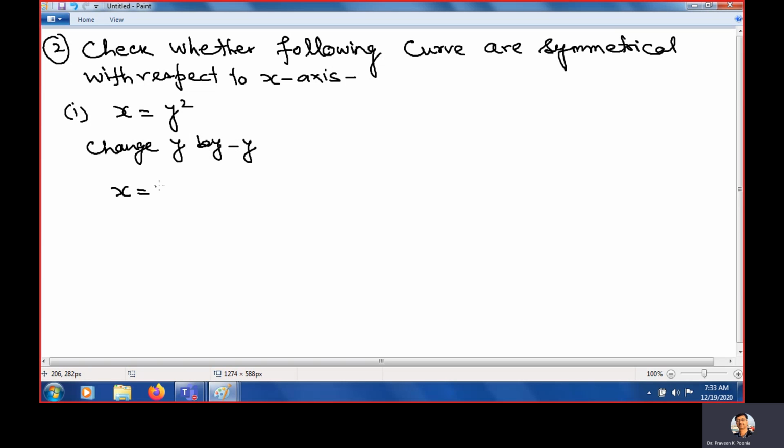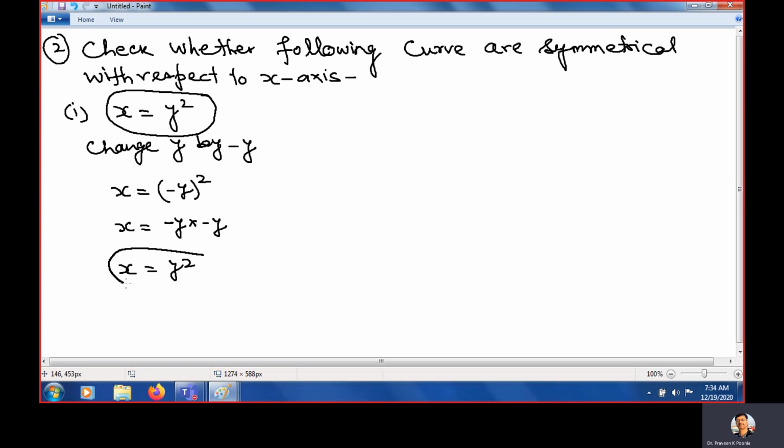So x equals, what are we doing? We are changing y by minus y. So this is (-y)^2, which is minus y times minus y. And minus minus is plus, y into y is y^2. So you can see the equation here, x = y^2, and the equation here, x = y^2.